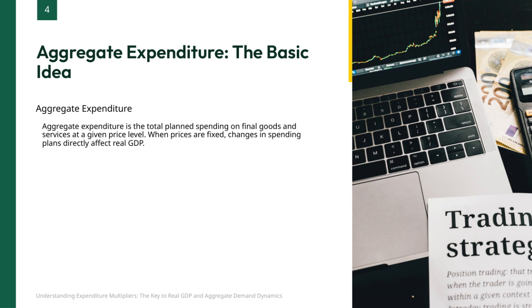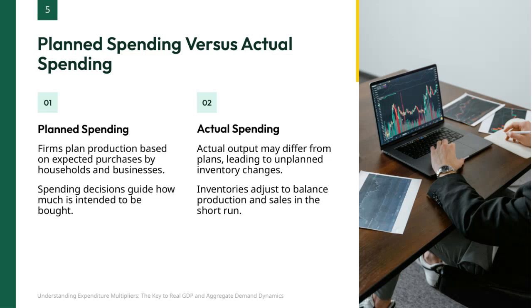This relationship is fundamental to understanding how shifts in demand can impact economic growth and stability. The image here, with the laptop and trading materials, reminds us that these concepts have real-world applications, especially in financial markets and economic planning.